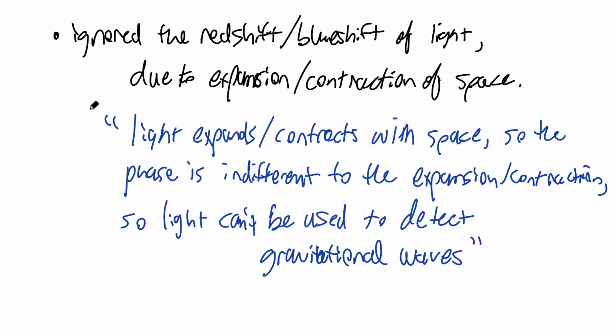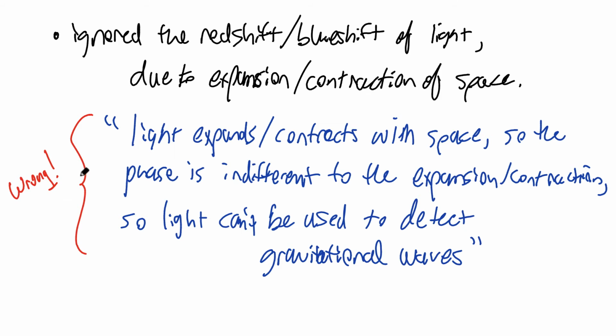Of course, this reasoning is wrong. What it fails to recognize is that the redshift or blueshift of the light is determined by the expansion or contraction of space during the time that the light is traveling in the interferometer, and that time is approximately constant. So that redshift or blueshift depends on the rate at which space is expanding or contracting.